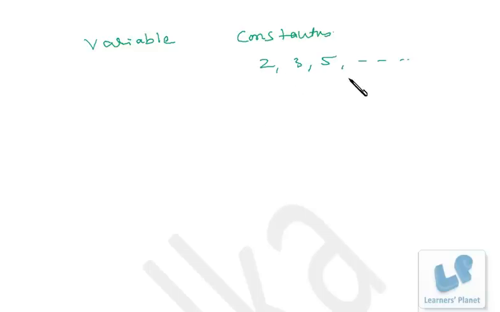You have studied many types of numbers, so all the numbers are fixed, right? The value of 2 is fixed. The value of 3 is fixed. You cannot say 3 is 4 or 5 is 7, right? That means these are constants. Constants means the value cannot be changed. And what are variables?